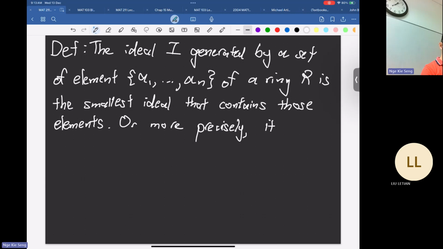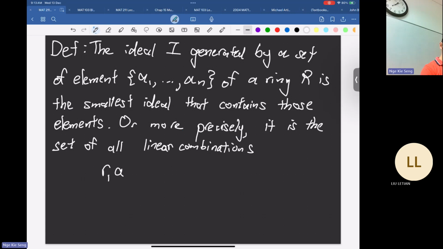It is the set of all linear combinations R1 times A1 up to Rn times An, with coefficients Ri in the ring.